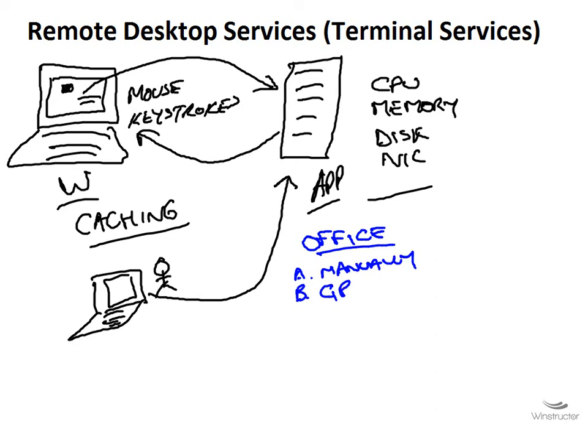We could deploy Office to each machine using group policy. C, well, we could spend some more money on some other third-party software distribution product like System Center Configuration Manager. Or D, we could install Remote Desktop Services, and then we could install Office once only on the Remote Desktop server. So out of these options, which would you choose?